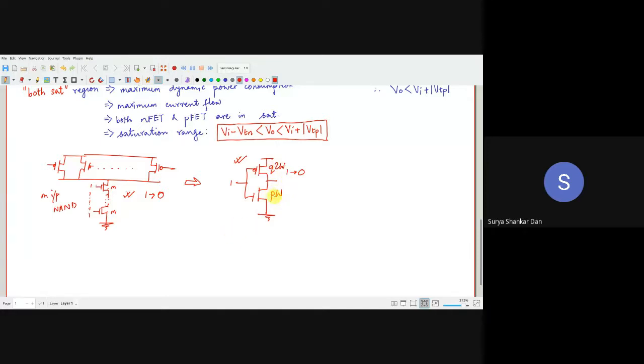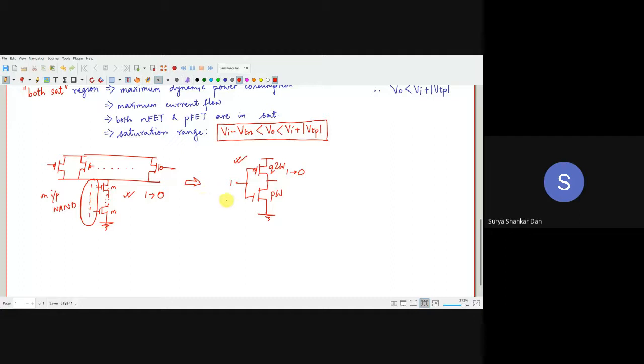Now this P factor, if you are making the transistor much larger, the N MOSFET is P times larger, the P MOSFET is Q times larger. But what you are actually capturing now: if this equivalent inverter makes a transition from 1 to 0, it is representing that all the transistors are switching simultaneously in the original circuit.